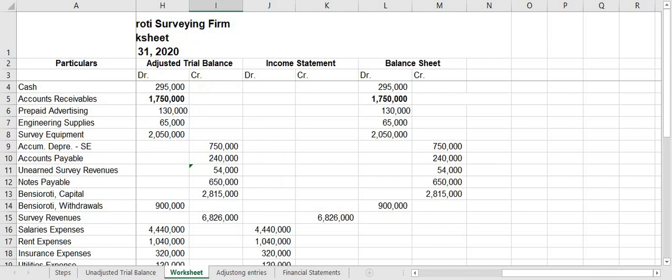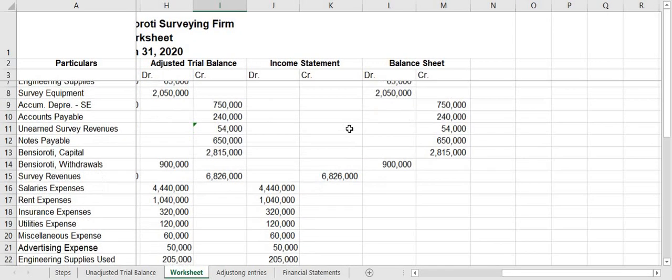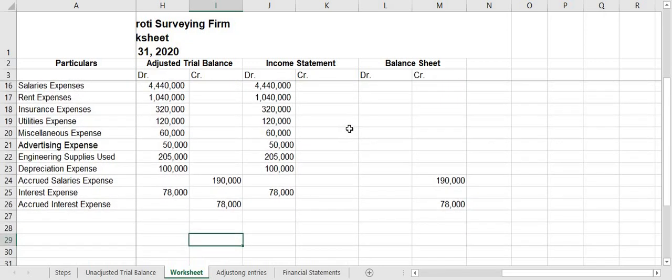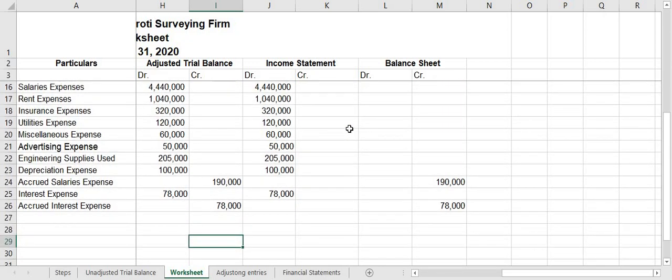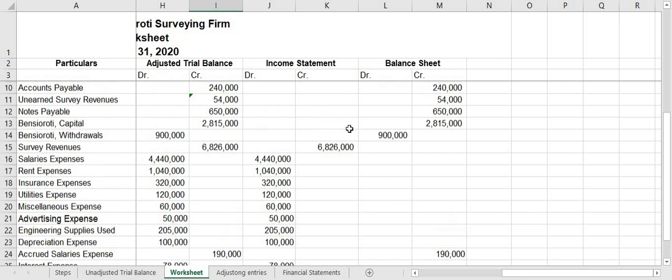So we have transferred the balances of each account from the adjusted trial balance to the appropriate financial statement. Those that should be in the balance sheet, we put in the balance sheet, and those for the income statement, we put in our income statement.